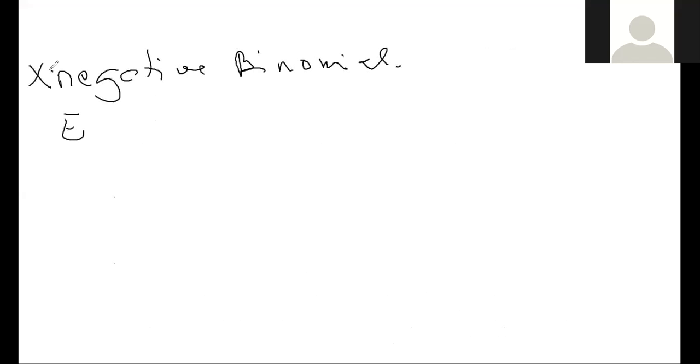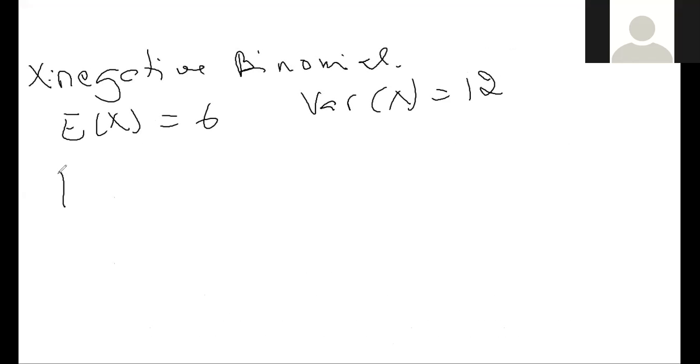X is negative binomial, with mean of X being 6 and variance of 12. What is the probability that X equals k?